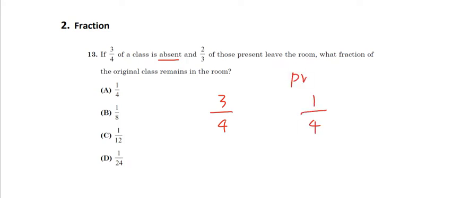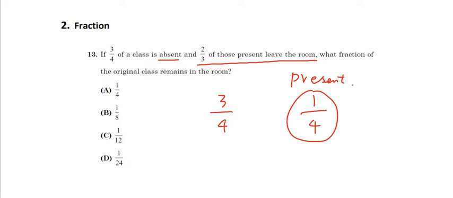So those are the attended class or present class. Among them, so much of those leave the room. So 2/3 of those 1/4 leave the room.